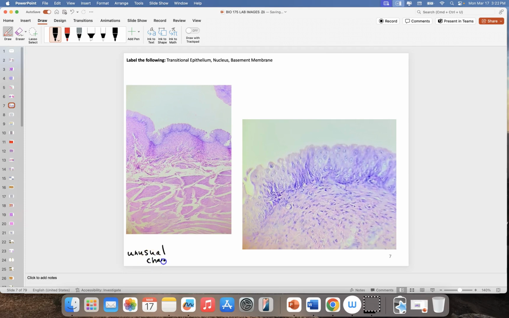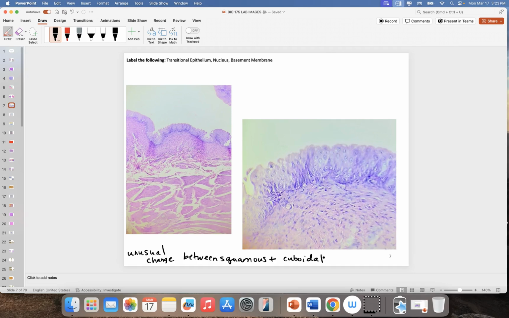Cells can change between squamous and cuboidal. And that's because we are going to see stretching of this tissue.